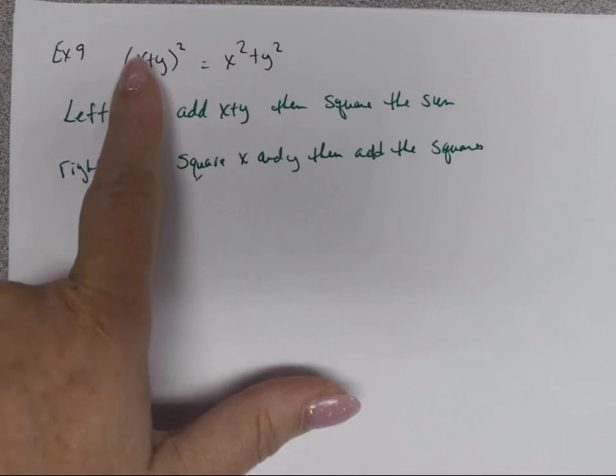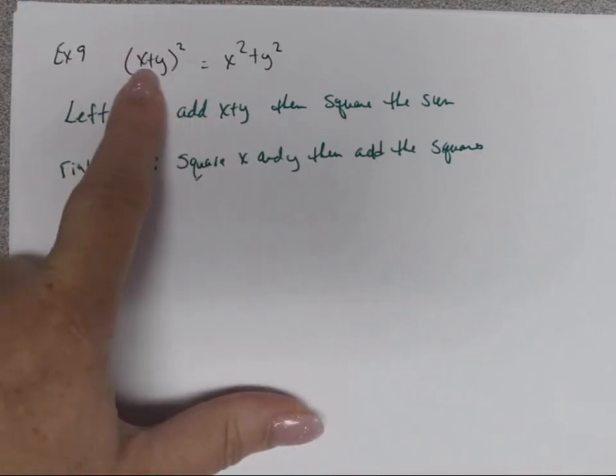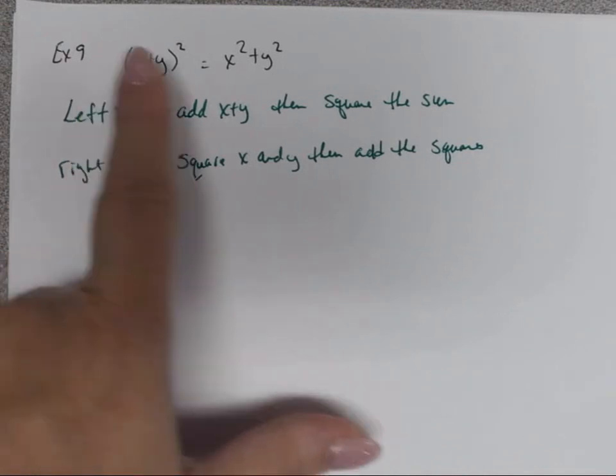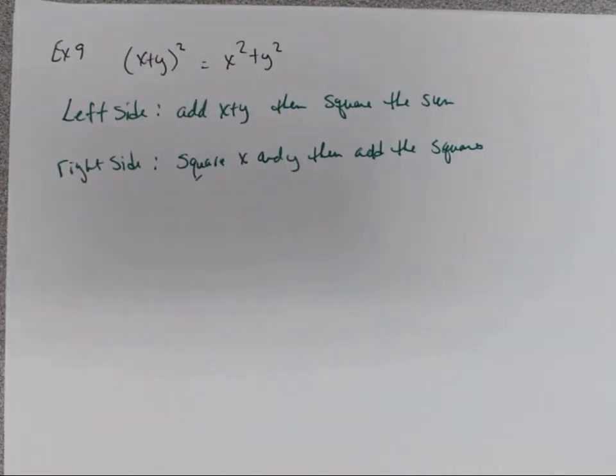So notice the difference of what's really happening. We add them, then square them. Here we square them, then add them. So that's where you're looking at the difference between them.